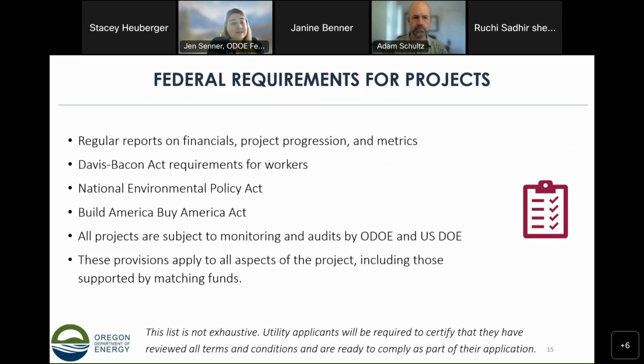Those include the Davis-Bacon Act requirement for workers, the National Environmental Policy Act, Build America, Buy America Act, and just the general understanding that these projects are subject to monitoring and audits by both the Oregon Department of Energy and the US Department of Energy. And this is not a fully exhaustive list of all the terms and conditions, but that will be available in the future.